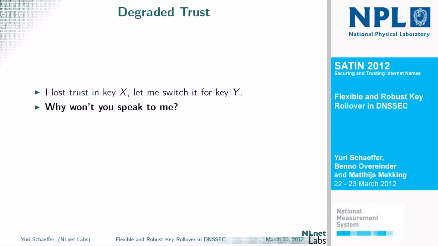Now, why is that? That's of course because of the TTL. I gave you data and I promised it would be usable, but then perhaps you have some signatures from the old key in your cache, which should be still usable, or at least I promised it would be usable, but you have to refetch the DNS key.